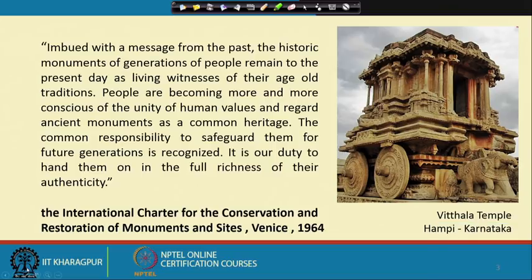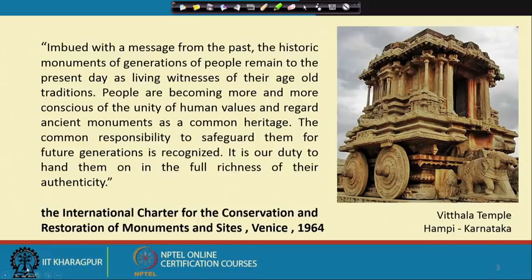Now, before we discuss further, let us see what we regard as the International Charter for the Conservation and Restoration of Monuments and Sites, which is generally known as the Venice Charter, formulated in 1964. What it says in the beginning, I quote: "Imbued with a message from the past, the historic monuments of generations of people remain to the present day as living witnesses of their age-old traditions.